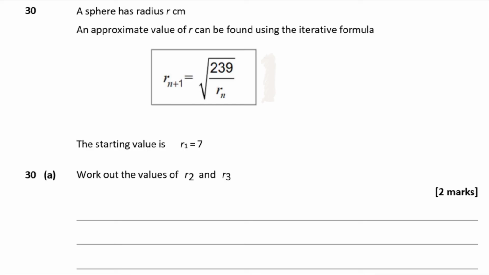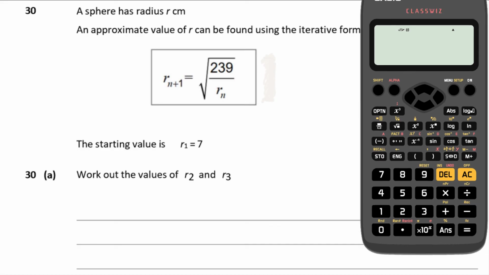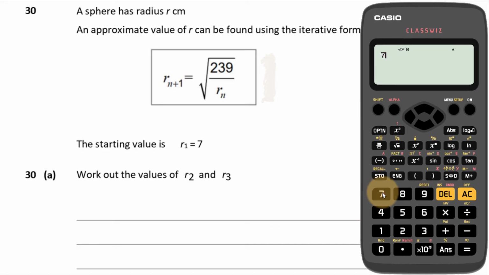Okay, so what I like to do with these is type in the first value into the calculator and then press equal, so it's the last stored value. Then I'm going to get the next value by taking the square root of 239 divided by Rn, which I'm going to do using the answer key.